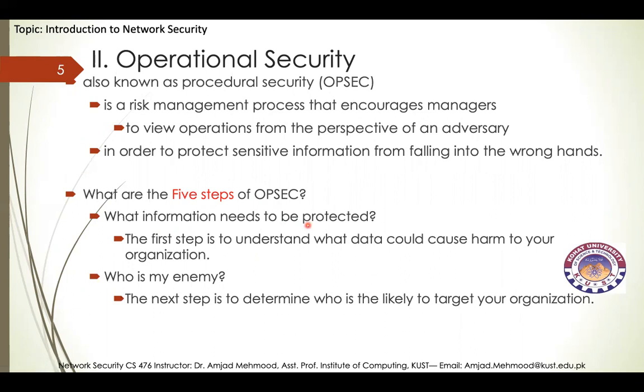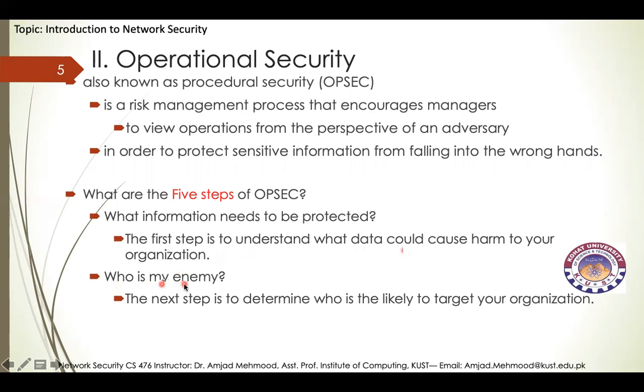This is the first step in OPSEC: you have to know what information needs to be protected. Because you have a lot of information in your system, you will have to decide which information you want to protect on a priority basis. So the first step is to understand what data could cause harm to your organization.